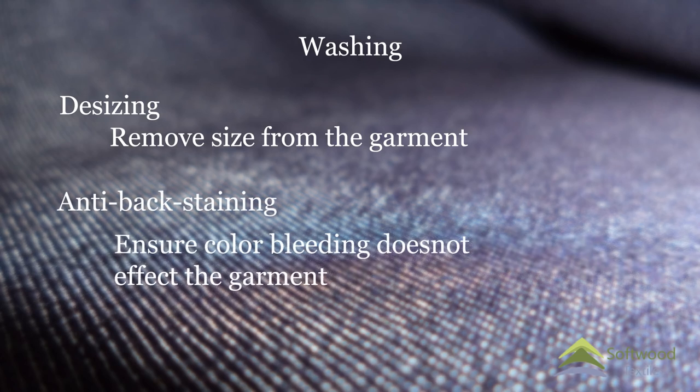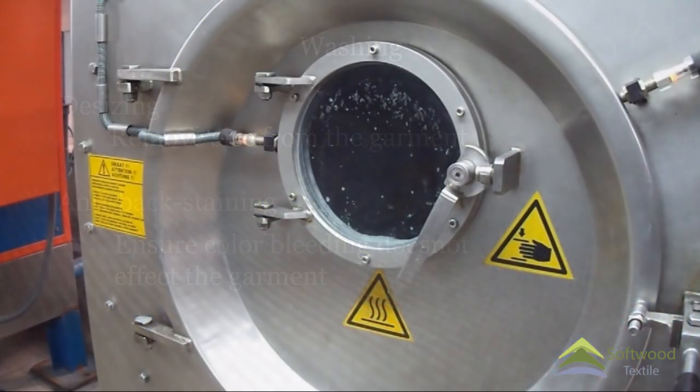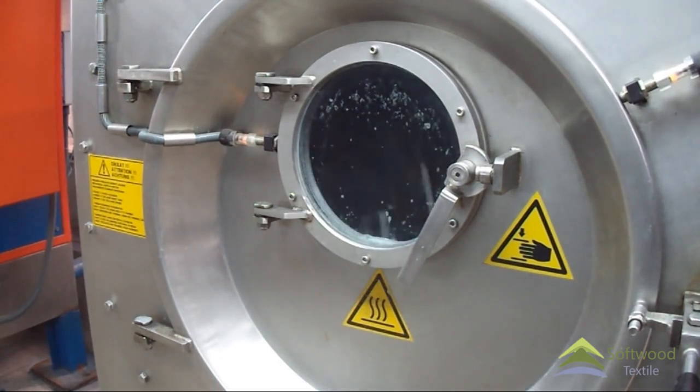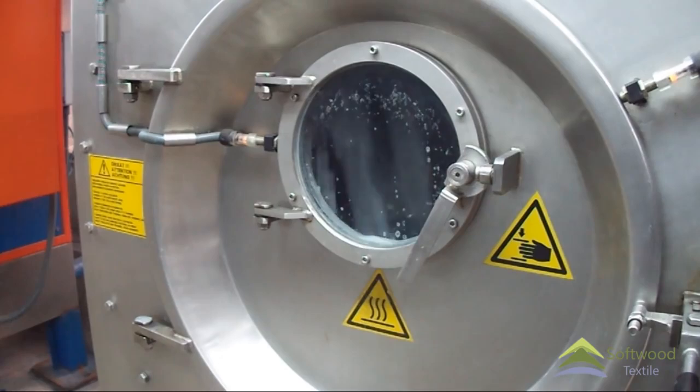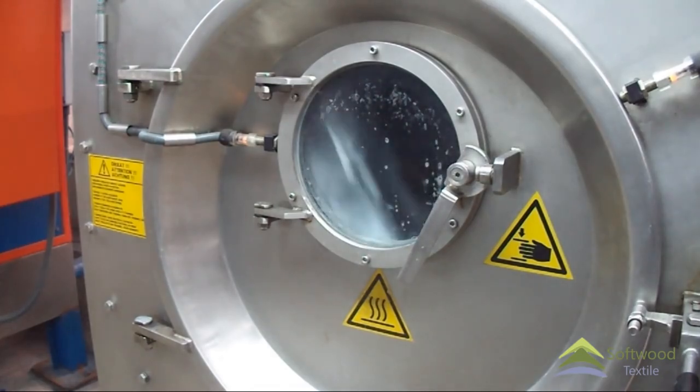Anti-back staining agent helps prevent the garment from getting affected by the color bleeding out of the fabric. The process is run for 10 minutes, after which the machine is drained and fresh water is inducted.